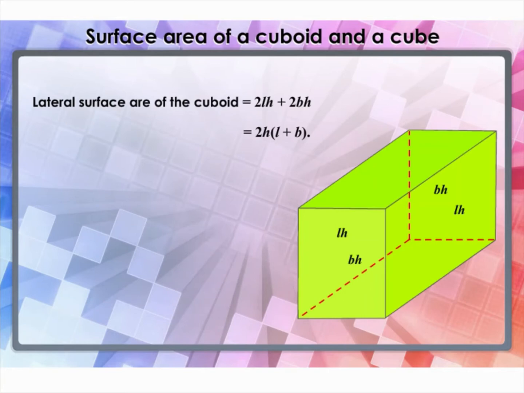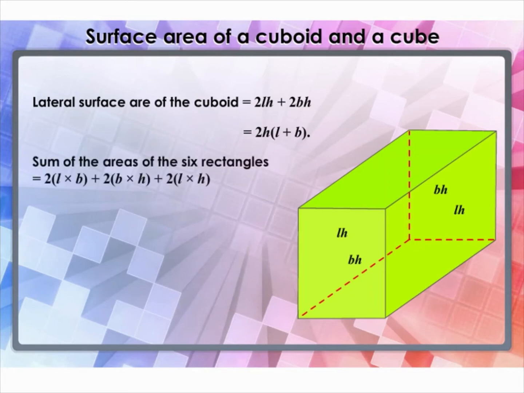Now let's derive a formula to calculate the surface area of the cuboid. To calculate the surface area, we can apply the formula length into breadth and then add the 6 areas together. The area of the top and bottom of the cuboid is LB and LB.